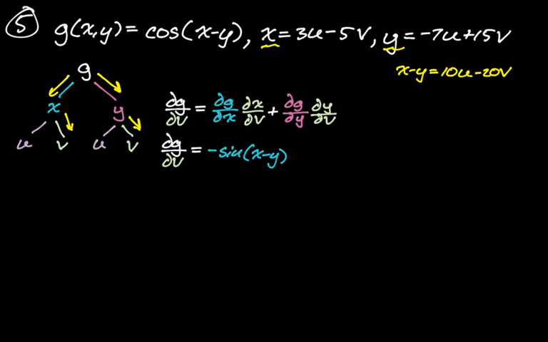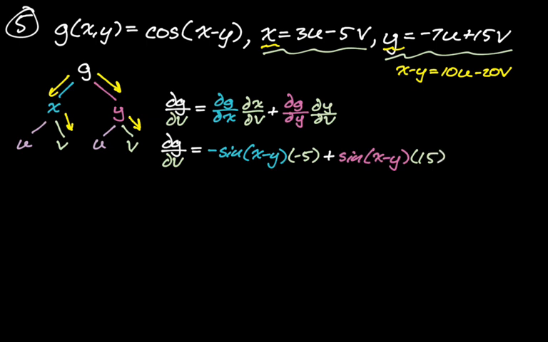But then partial x partial v up here is negative 5 plus partial g partial y, so that again is going to be negative sine of x minus y times negative 1, so that gives us sine of x minus y. And then partial y partial v up here is 15.